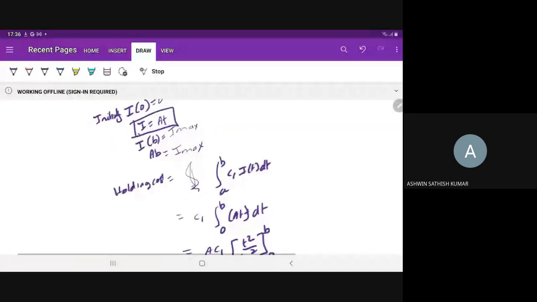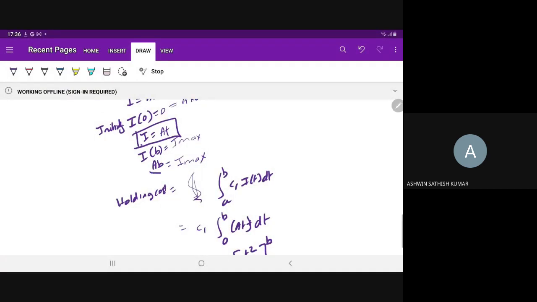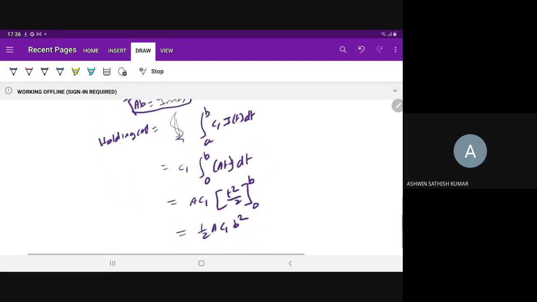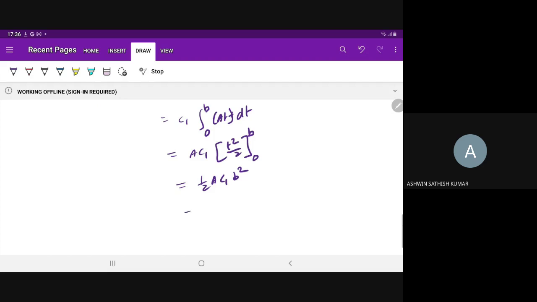And here we have seen that A into b is equal to Imax. So when we put A into b as Imax, it becomes half C1 Imax into b. That will be the holding cost when the build up rate of the inventory is constant.